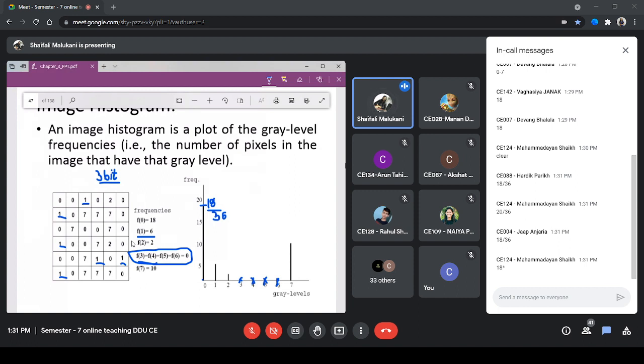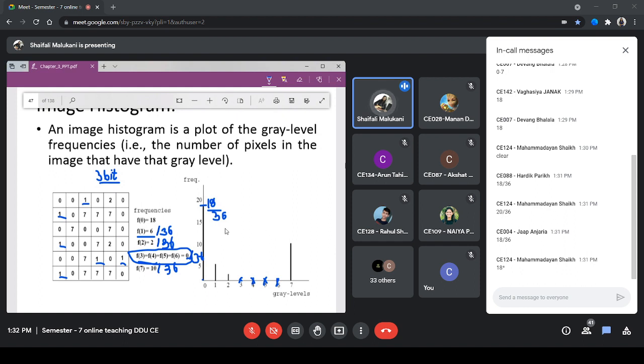Now, what will be the probability of occurrence of 1? You will say it is 6 divided by 36. What is the probability of occurrence of 2? That is 2 divided by 36. Same way for 3, 4, 5, 6, it will be 0 divided by 36, that is 0 itself. Same way this will be 10 divided by 36.